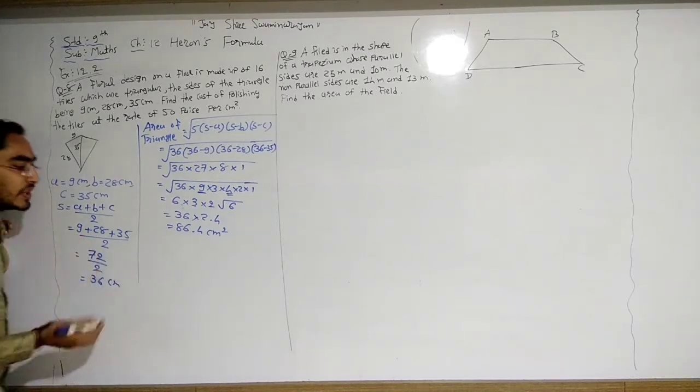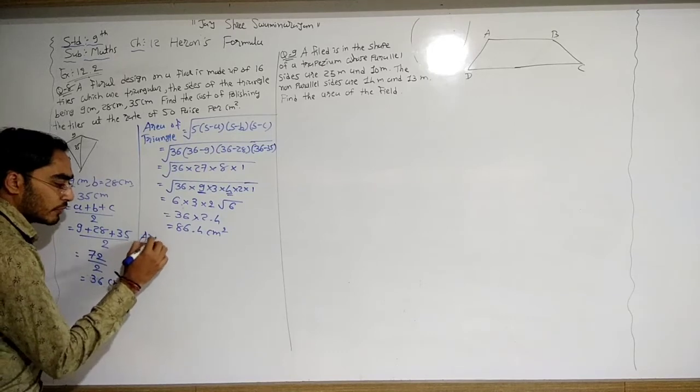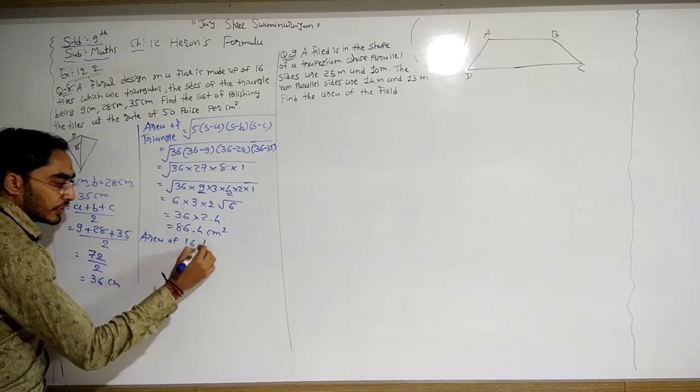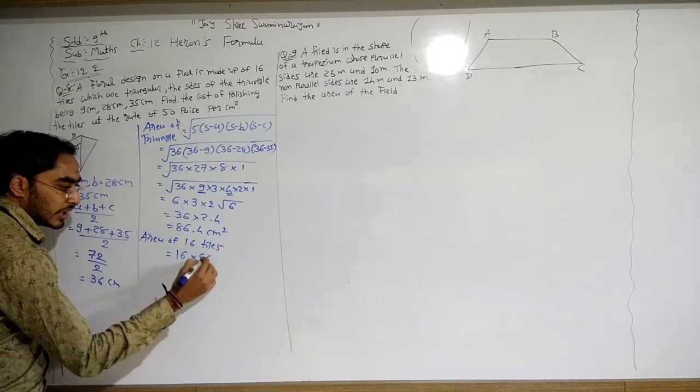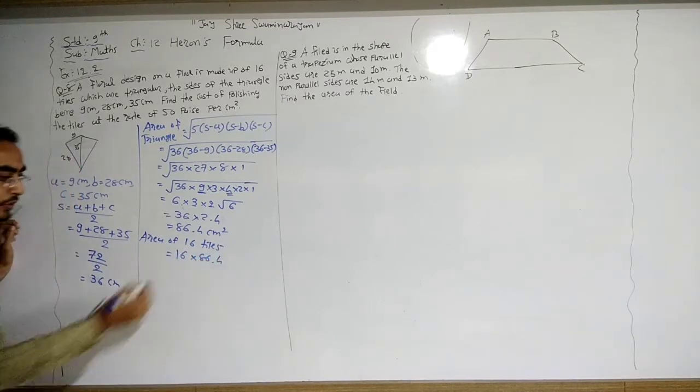We need to find the area of the tiles. So total 16 tiles are there. So the area of 16 tiles is equal to 16 multiplied by 86.4.